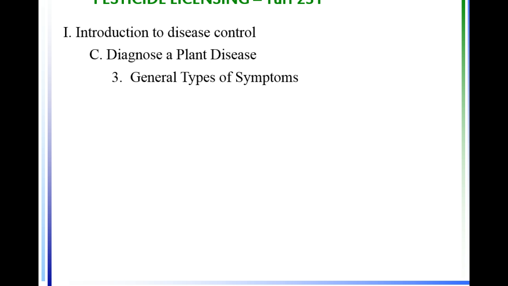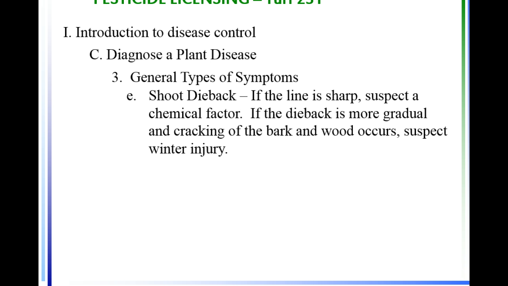Okay, so let's look at some general types of symptoms. We can actually get a shoot dieback, okay, which just means that the growing point is going to gradually die, beginning at the tip. So if the line between the affected and healthy bark is sharp, then I would expect an abiotic cause because it stops at a very particular point.